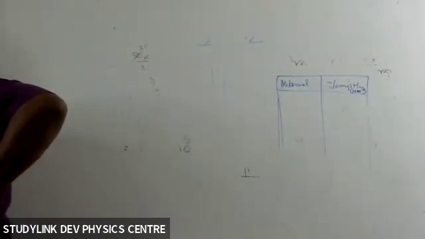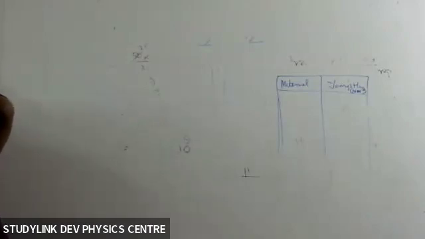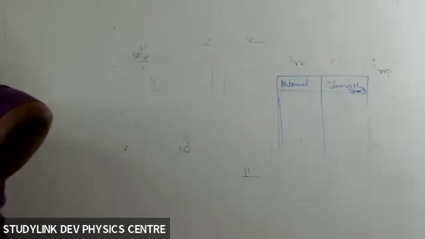First one, I'll give only the needed ones. First one is aluminium. The value is 7 into 10 to the power 10. Copper, 1.2 into 10 to the power 11. Iron, 1.9 into 10 to the power 11.